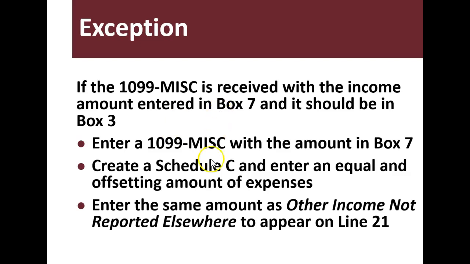So what you do, you still have to follow the process of entering the 1099 miscellaneous with the amount in box 7, because that's what the form says that you have. But when you enter the 1099 miscellaneous, it will then ask you to create a Schedule C because of the box 7 amount. And then you enter expenses in the Schedule C to equal the income, so you end up with a 0 amount of net income.